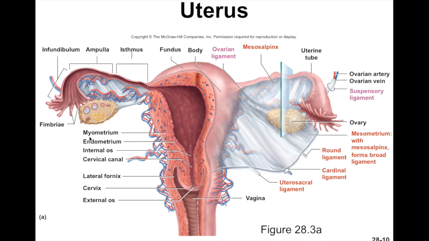What did we say myo represents every time? Muscle, right? Okay, so then you have the muscular layer. If anyone is familiar with the uterus, you know that it's very muscular. All right, you need that, especially during labor. The canal, of course, the cervical canal, and then the cervix here.